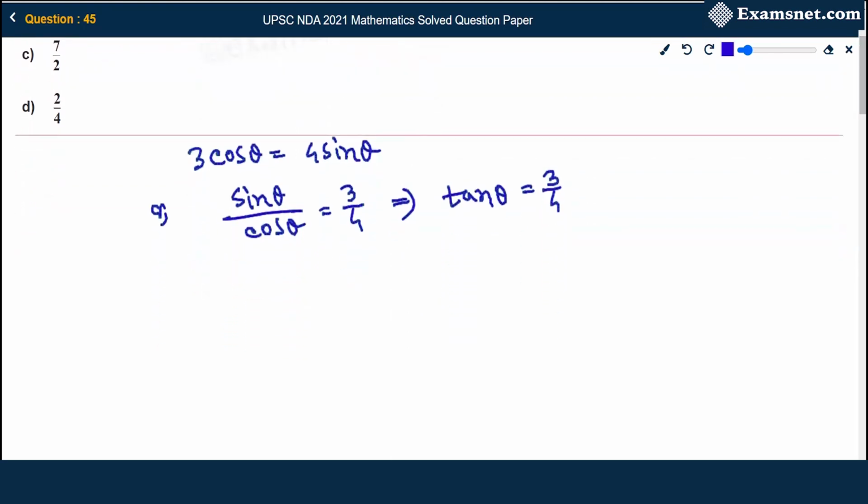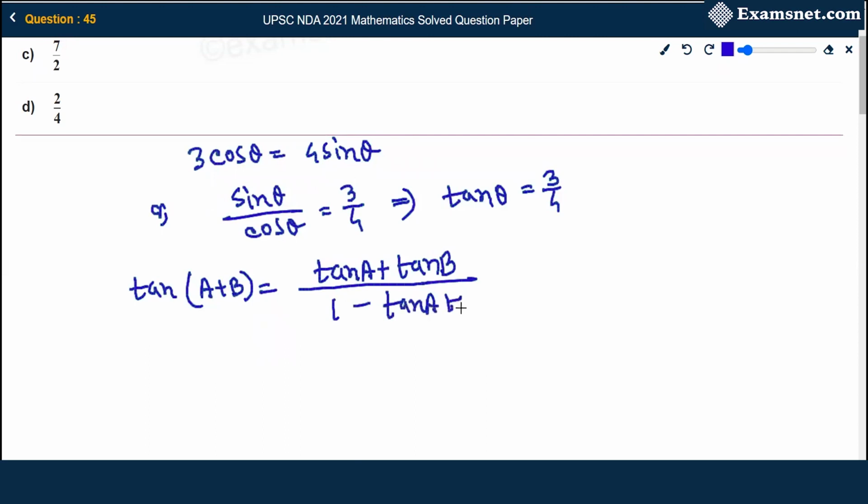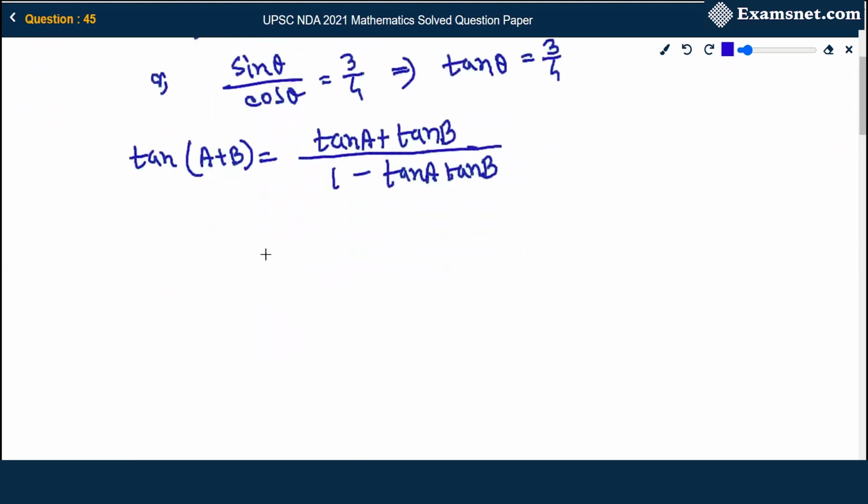Before I proceed with that particular expression, I want you to remember the formula of tan(A plus B). Tan(A plus B) gives us tan A plus tan B by 1 minus tan A tan B. Here we can compare A with 45 degrees and B with theta.